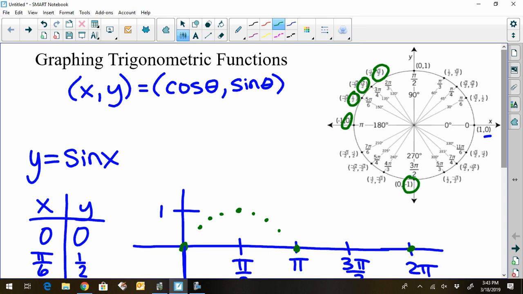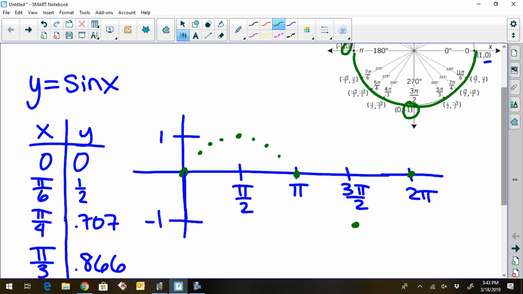So notice how it's following this curve, and we'll see that mirrored in our values down in quadrants 3 and 4. So we have a curved function, and I put arrows there, but let's see what really happens to this.